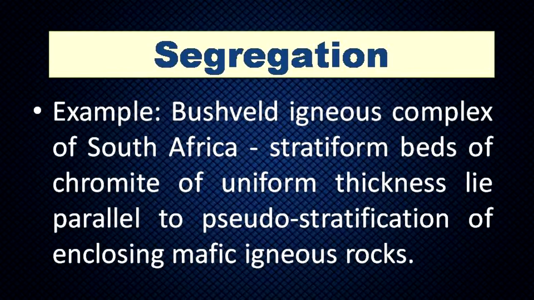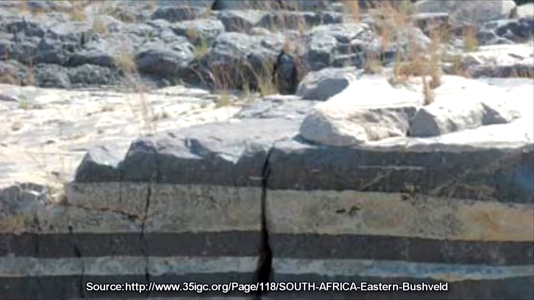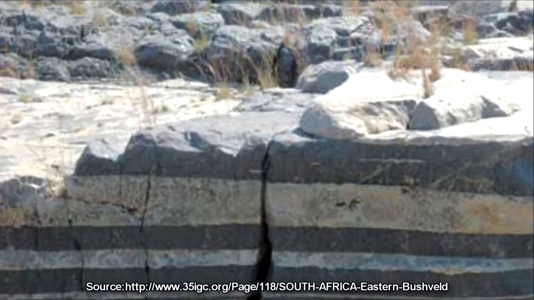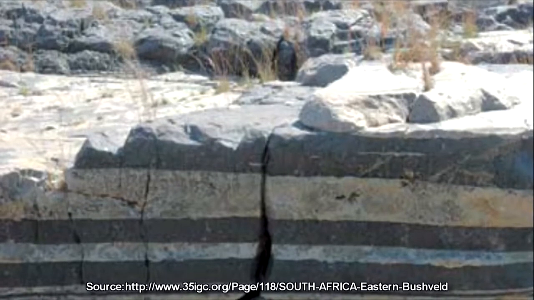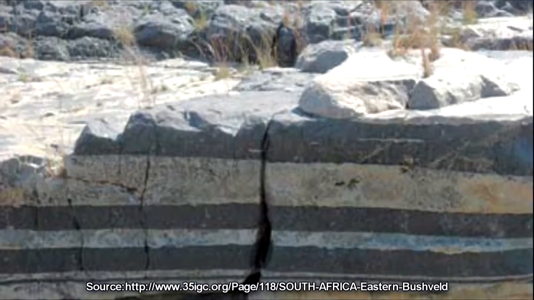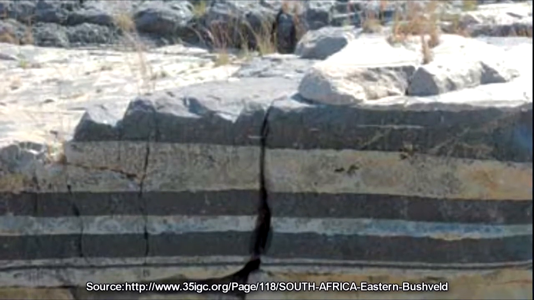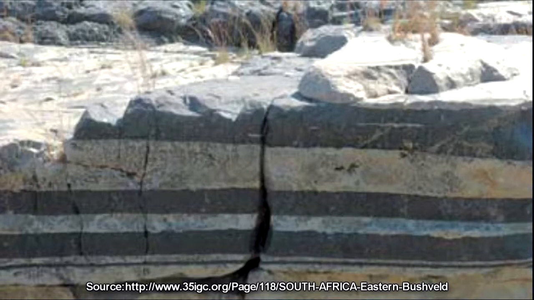Segregation example. What is the best example of segregation? The Bushveld igneous complex of South Africa, a layered igneous complex, where we get stratiform beds of chromite of uniform thickness, just like sedimentary layers, just like pages in a book, lying parallel to the pseudo-stratification of enclosing mafic igneous rocks.